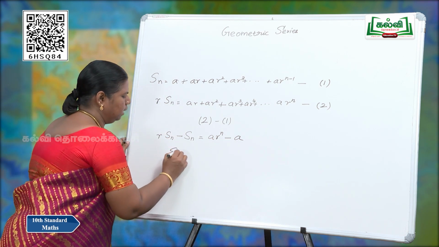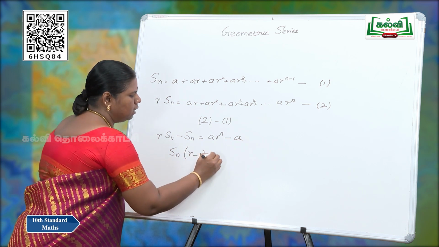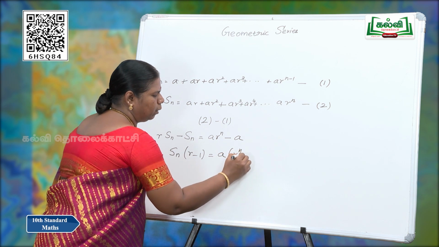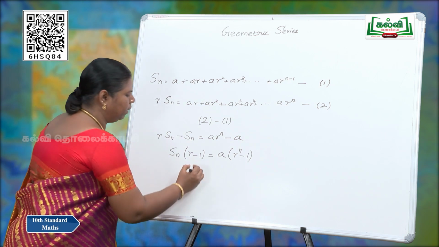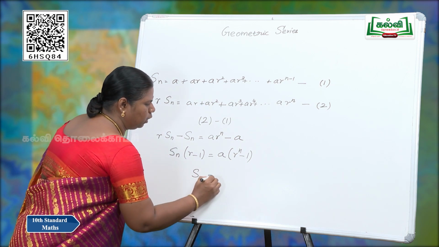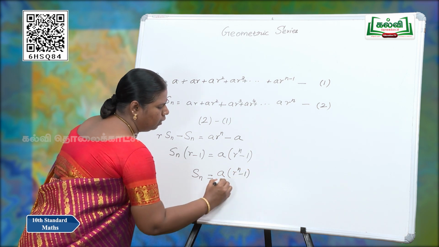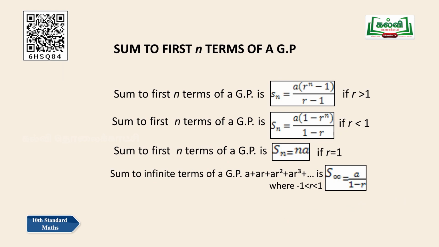So, Sn into R minus 1 is equal to A is common, A into R power n minus 1. On cross multiplying, we get Sn is equal to A into R power n minus 1 by R minus 1.